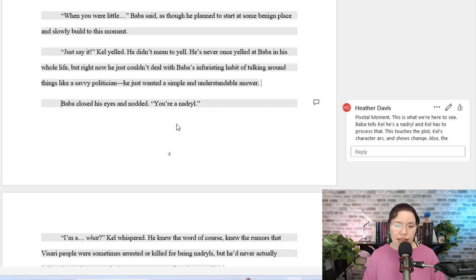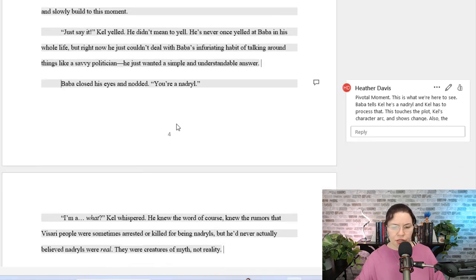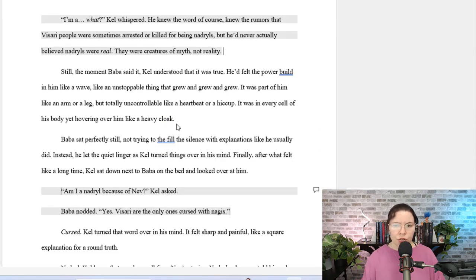All right. Baba closed his eyes and nodded. "You're a nodral." "I'm a what?" Kel whispered. He knew the word, of course, knew the rumors that Visari people were sometimes arrested or killed for being nodrals, but he never actually believed that nodrals were real. They were creatures of myth, not reality. Still, the moment Baba said it, Kel understood that it was true. He had felt the power build in him like a wave, like an unstoppable thing that grew and grew and grew. It was a part of him like an arm or a leg, but totally uncontrollable, like a heartbeat or a hiccup.